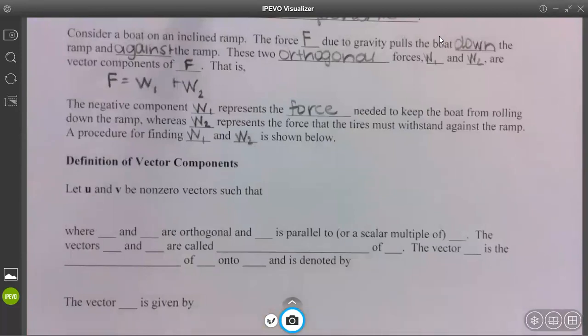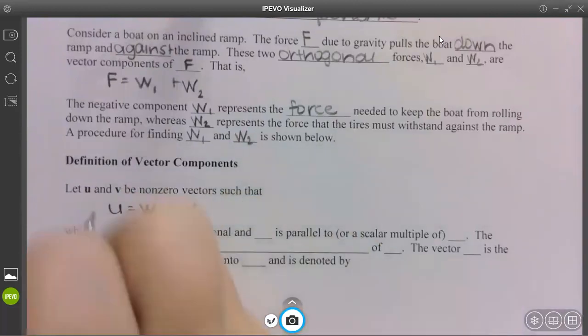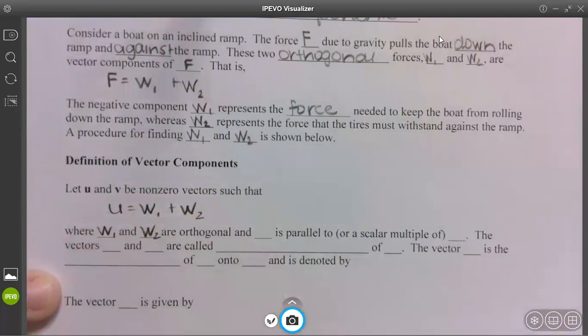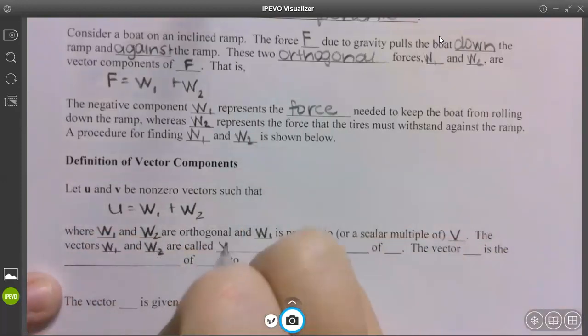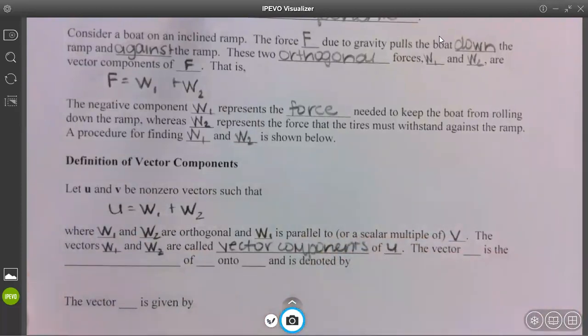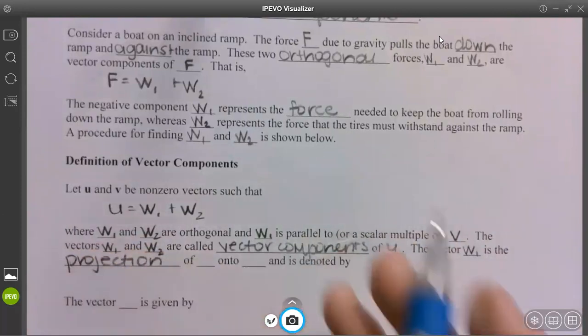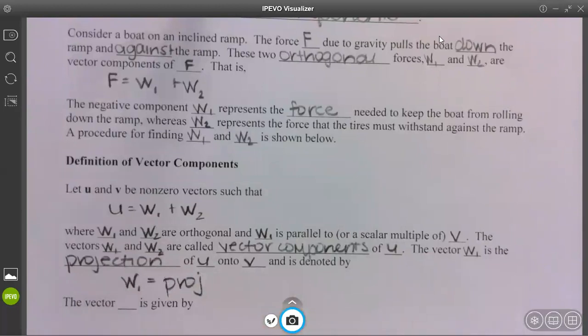So, definition of vector components. Let U and V be non-zero vectors such that U equals W1 plus W2, where W1 and W2 are orthogonal, and W1 is parallel to, or a scalar multiple of, V. The vectors W1 and W2 are called vector components of U. The vector W1 is the projection of U onto V and is denoted by W1 equals proj sub V of U, kind of like a log base 2 of 4.